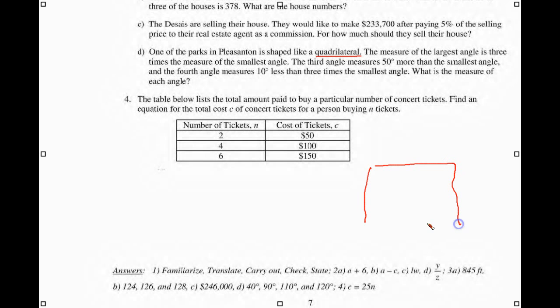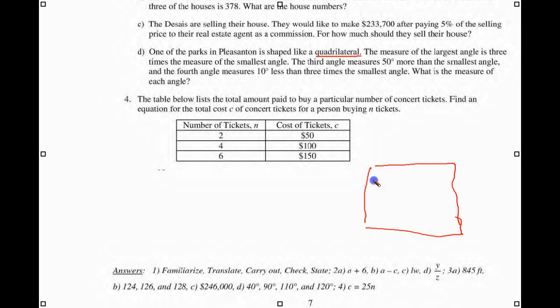And it doesn't make any difference what your measurements are around here. It's just that it's a quadrilateral, a four-sided figure. Now, the measure of the largest angle is 3 times the measure of the smallest angle. Now, what you don't know here is what is the smallest angle.